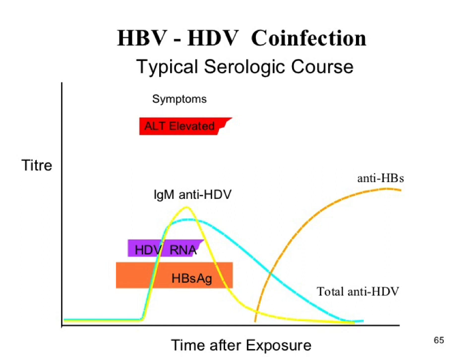However, in about 15% of patients, the only evidence of hepatitis delta infection may be the detection of either IgM anti-HDV alone during the early acute phase of illness or IgG anti-HDV alone during convalescence.